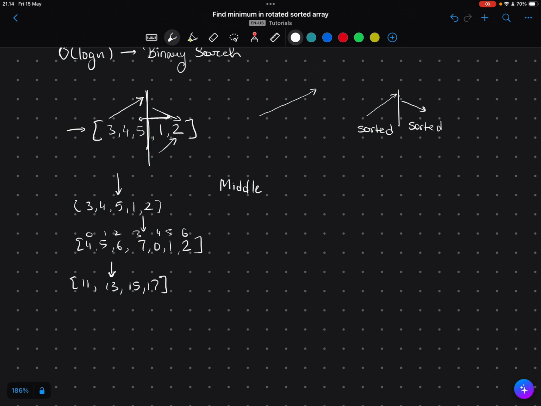Okay, how do we know whether the element that we are sitting at, right? What we have to discern is whether we are sitting at a part which is sorted ahead of us. Is it sorted ahead of us is what we want to see. So like I said, if we are sitting at 5, and we see the 1 and 2, we see that though it is sorted, it is less than us, right?